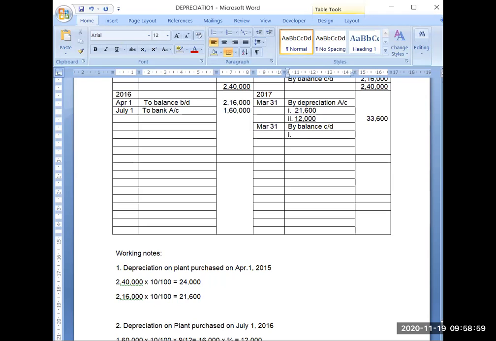So it will be 1,94,400. Then the second machine balance will be 1,60,000 minus 12,000. So it will be 1,48,000.